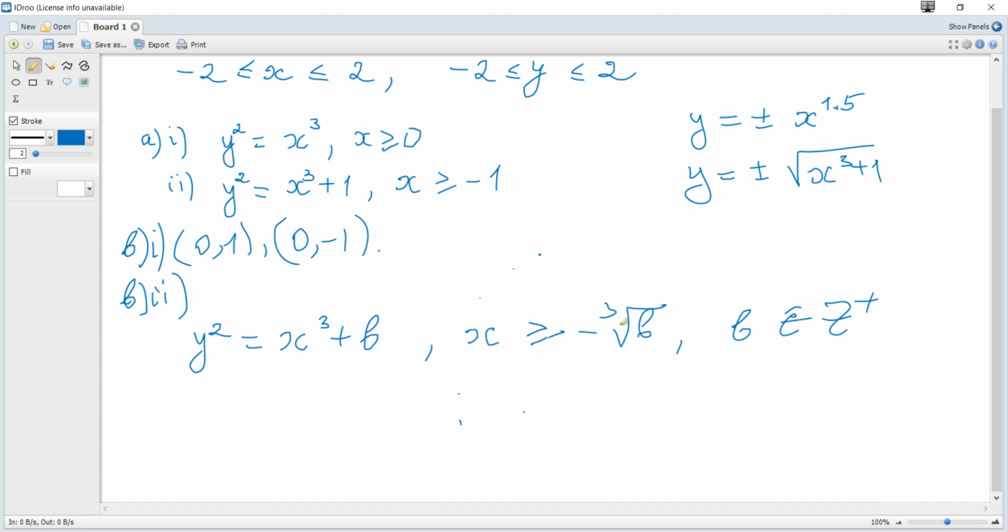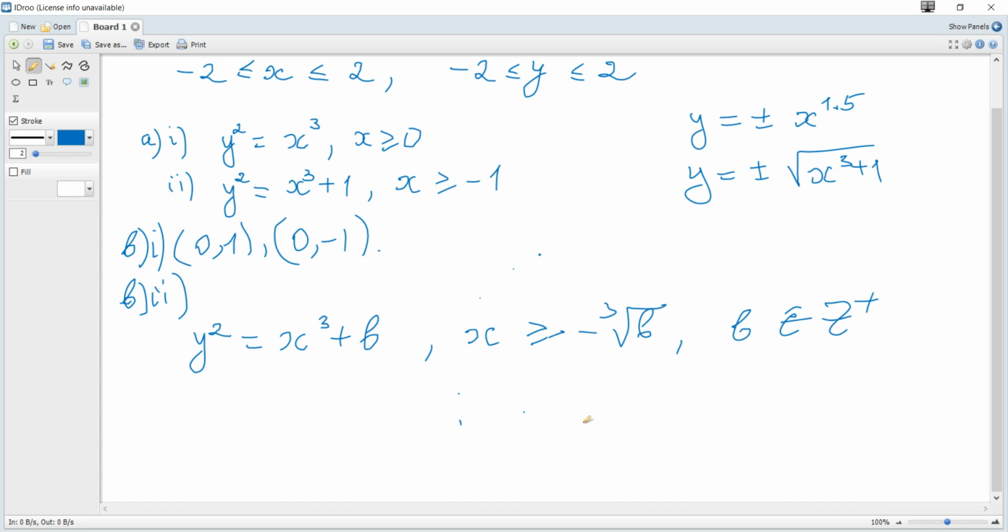Or actually it's enough, but also it's possible to say the same x-intercept in terms of b and the same y-intercept in terms of b. Only two required. The next.